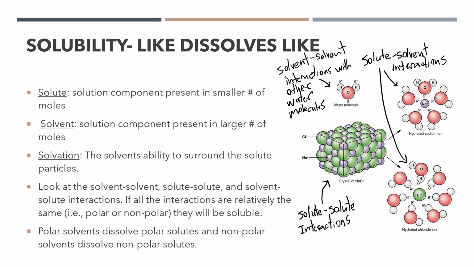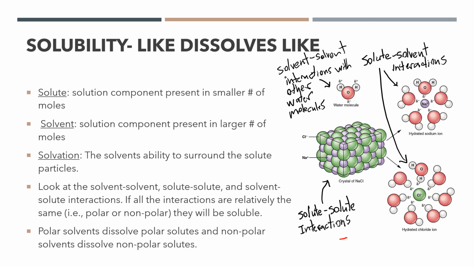Solvation just describes the ability for a solvent to surround a solute. When looking at these interactions, there are three interactions at play. There's the solute interaction. In this case right here, this would just be ion-ion, and then it could be other interactions as well, but this one would just be ion-ion.